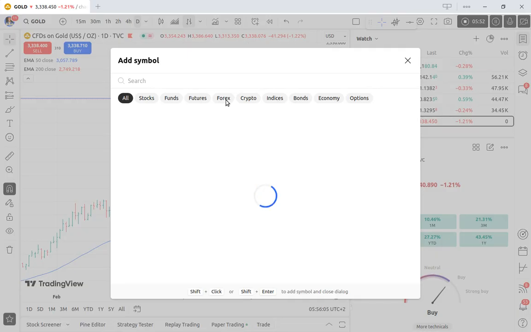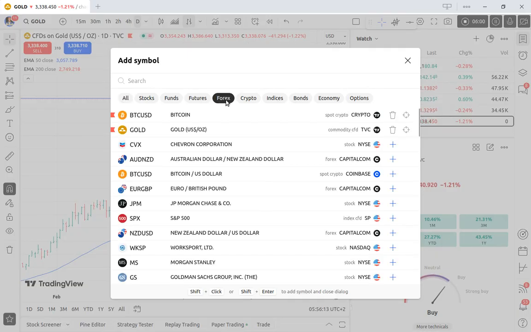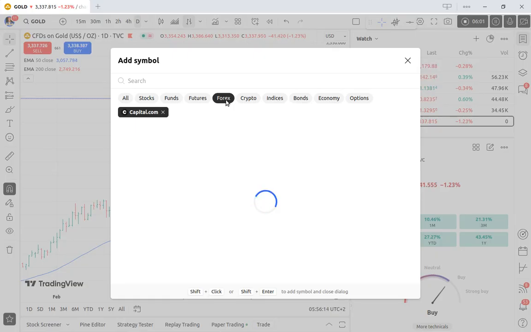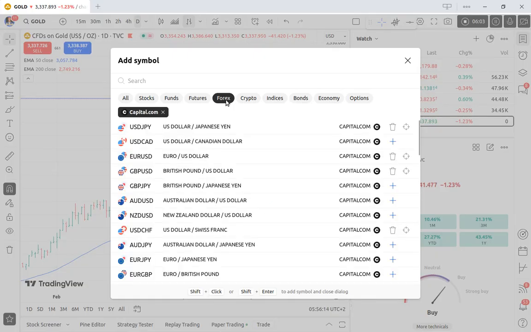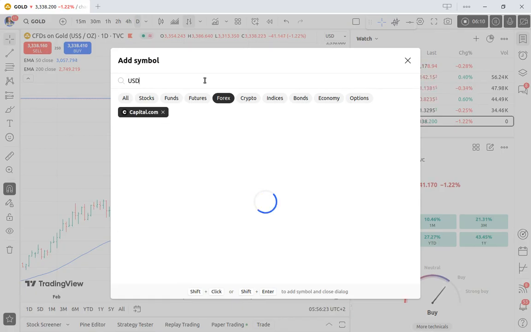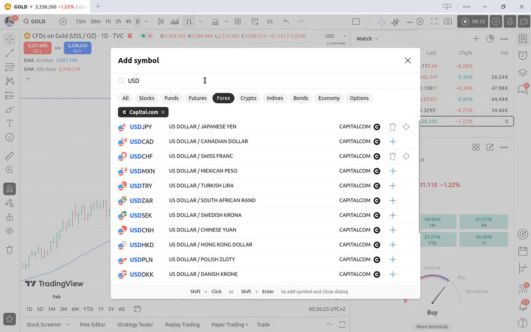Basically, what I did was I looked at the dollar currency pairs, because the dollar and gold move together, right? So we have all the major dollar currency pairs.